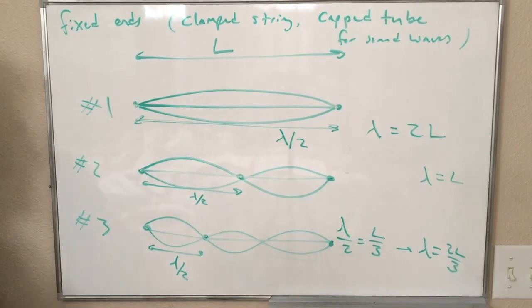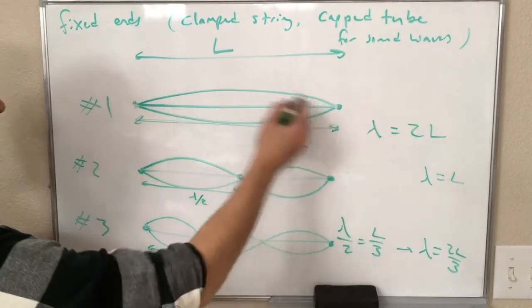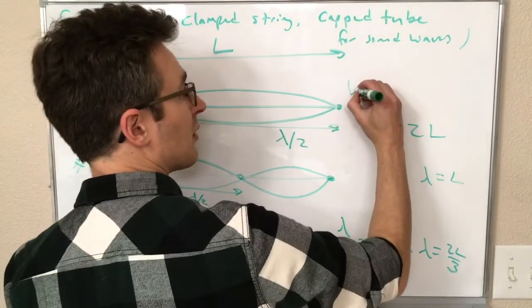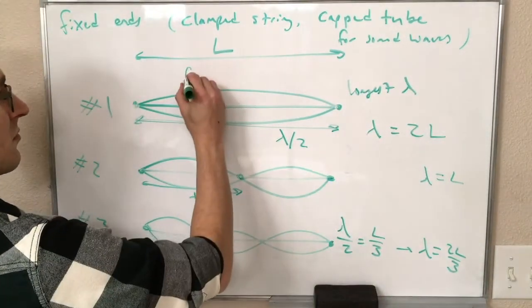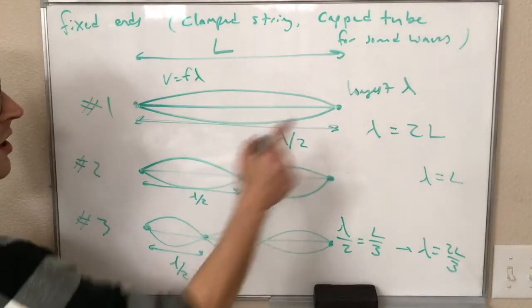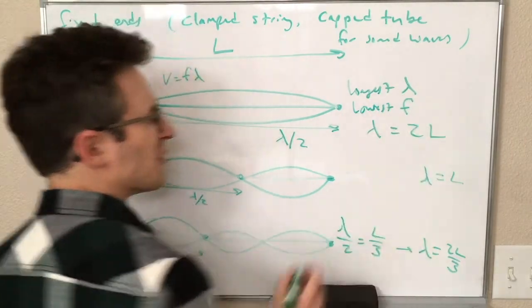These different modes have different names. It turns out this mode that we've drawn here is the mode with the longest wavelength. And as a result of that, because v equals f lambda for all waves, this is also the lowest frequency.